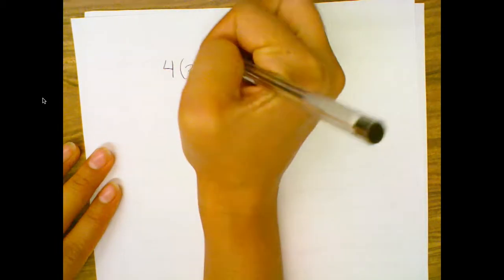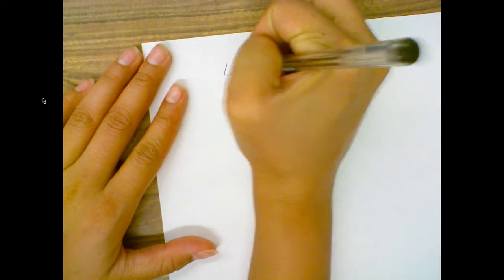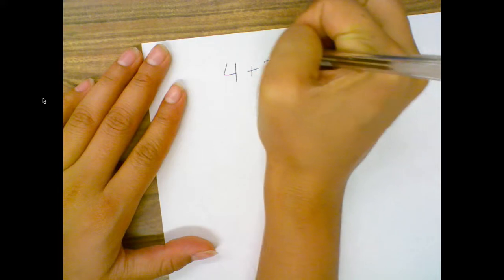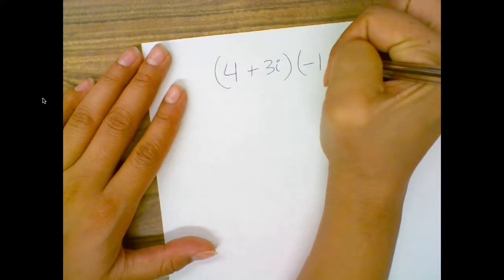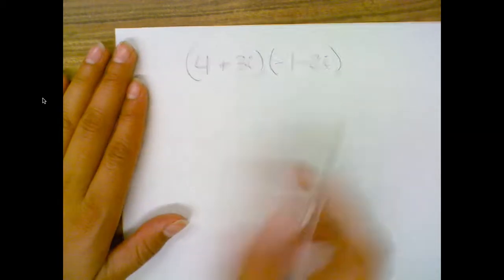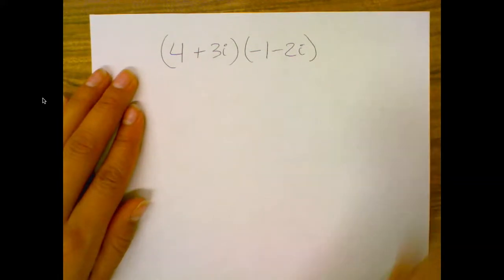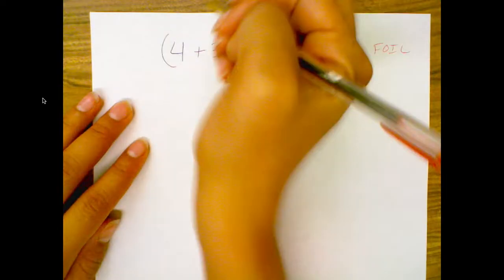So the problem is 4 plus 3i times -1 minus 2i. So we have two binomials here, and we're just going to FOIL or kind of use the distributive property we've done before.